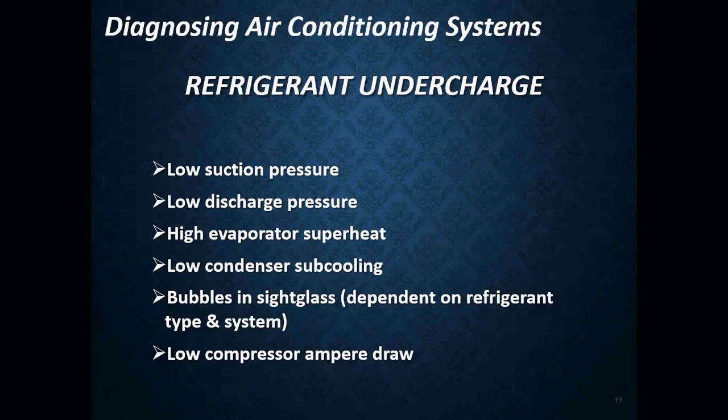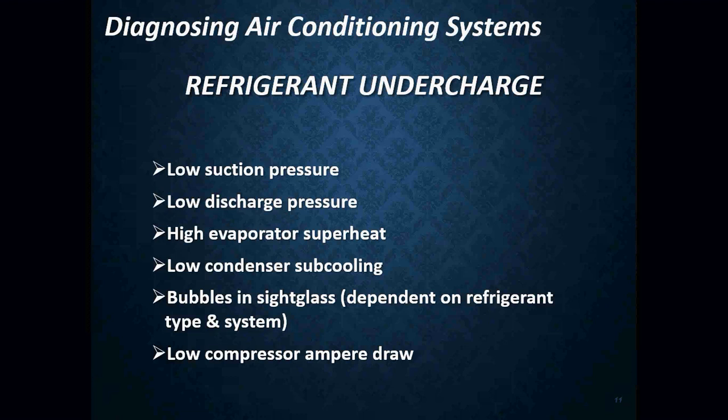Low suction and discharge pressures with high superheat in the evaporator are all indications of a refrigerant undercharge. Severely undercharged systems will run very low condenser subcooling because there is no refrigerant to subcool.